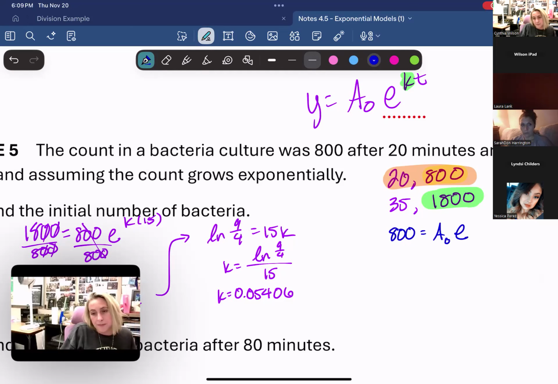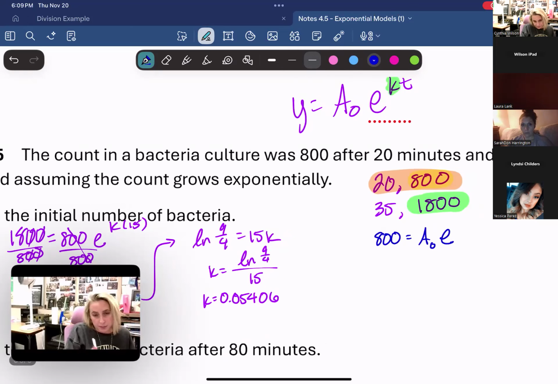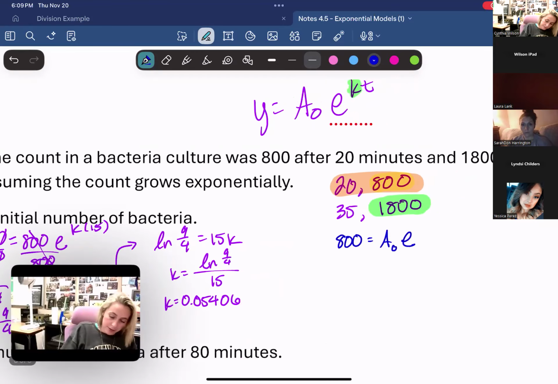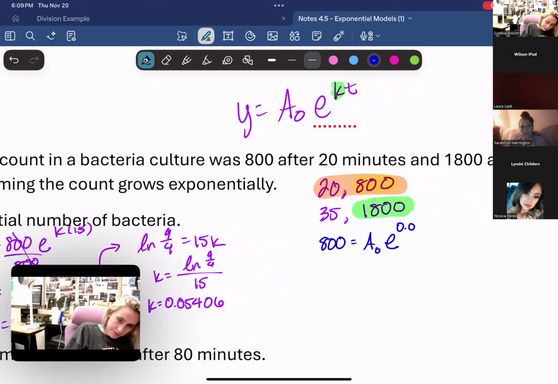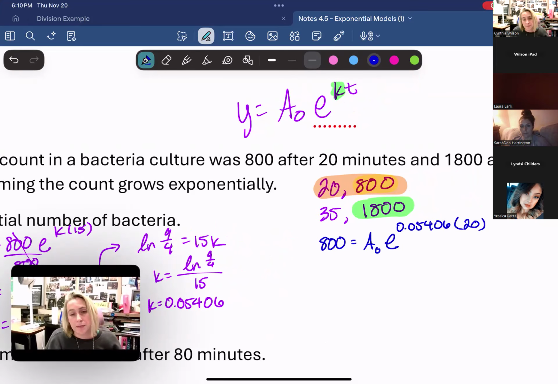We know e, and k, the percent growth. This is where the mistake was. This is after 20 minutes, and I believe in the video she put 15 here when it should be 20, because that 800 occurs after 20 minutes, not after 15 minutes.